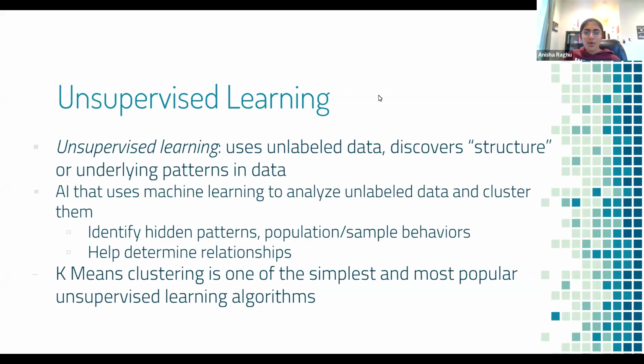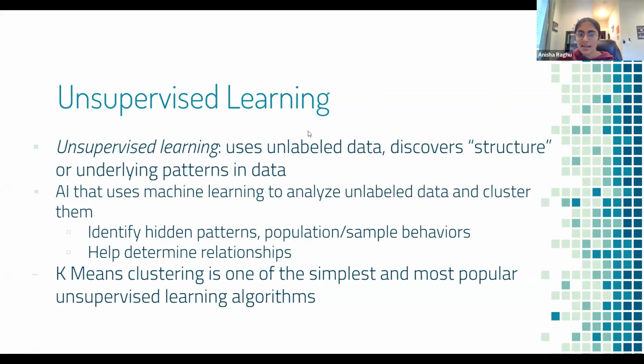So first of all, what is unsupervised learning? The main thing that makes unsupervised learning different from what we've been doing before is that it uses unlabeled data and discovers an algorithm or some sort of structure in the data itself. We'll be going into more detail about AI that uses machine learning to analyze this unlabeled data and cluster it.